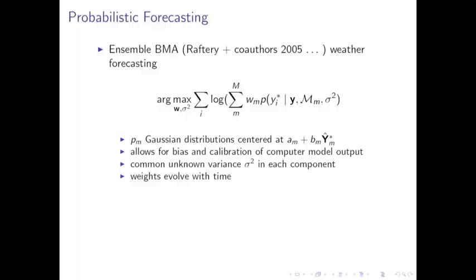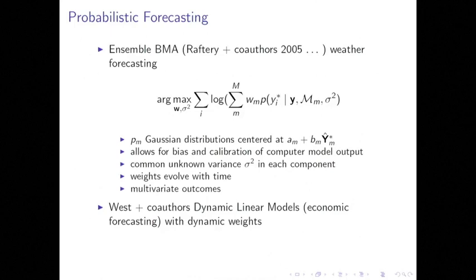But there are similar algorithms that can be used to learn those weights as the mixture weights. In their approach, the weights can actually evolve over time, so that may be something where we'd like to have not just static weights, but dynamic weights.